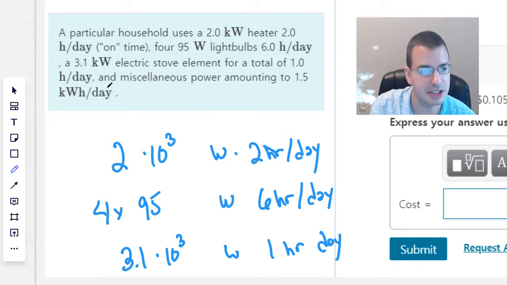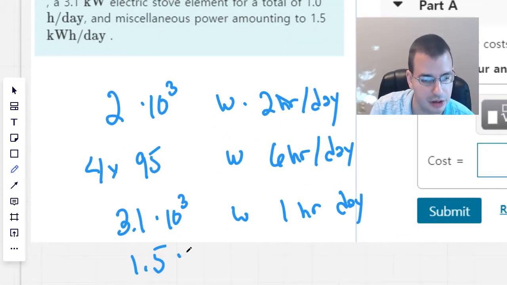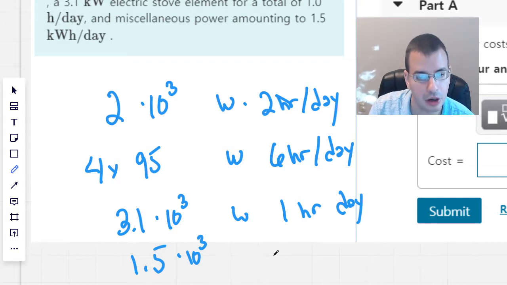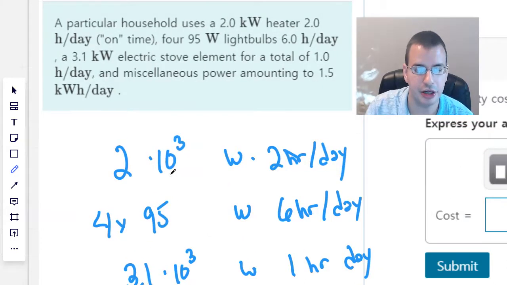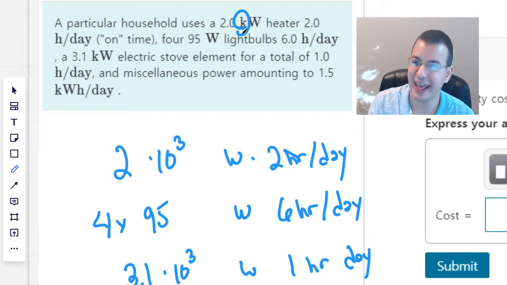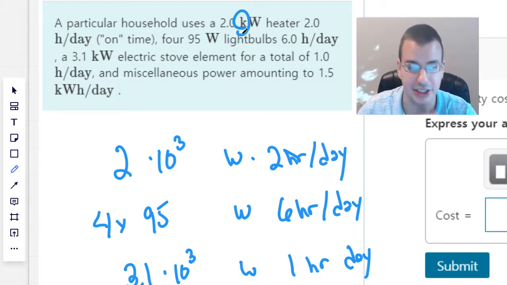And we have a miscellaneous 1.5 times 10 to the third watts for 1 time per day. The 10 to the third here is just what this kilo means. That K means 10 to the third in this case.